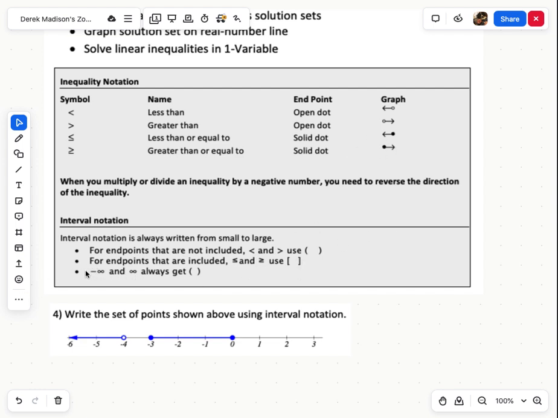We're also going to see some negative infinities and infinities in our solution sets, and infinity always gets parentheses. There's this other thing in the box here. When you multiply or divide an inequality by a negative number, you need to reverse the direction of the inequality. I'll show that in a second when we get to a problem that actually does that.